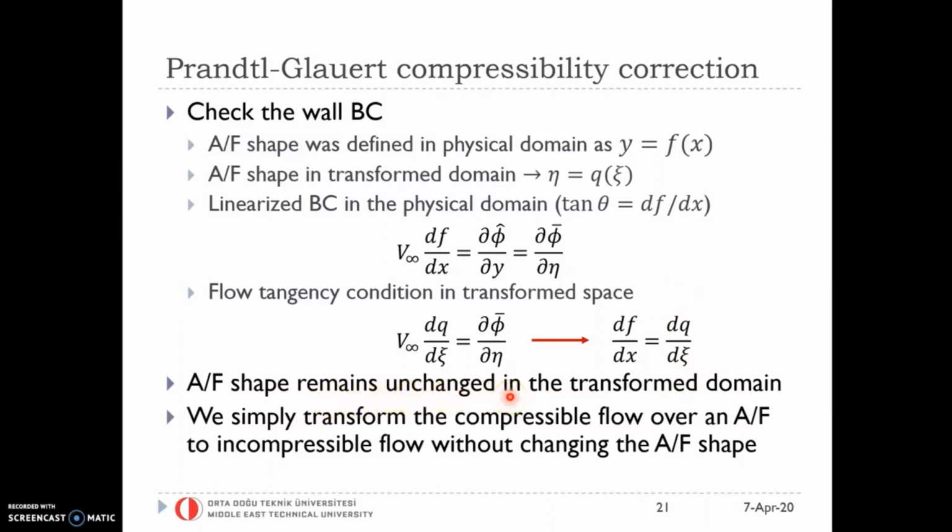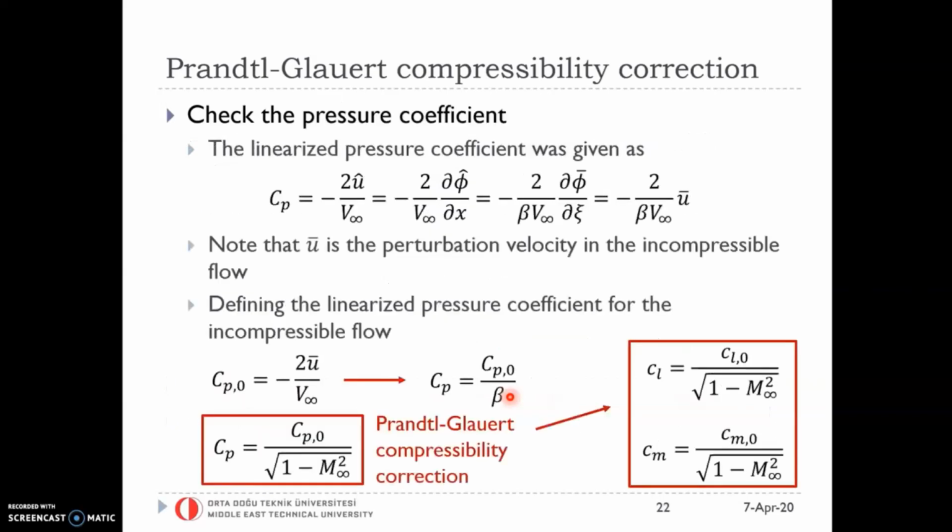So what we do is we simply transform the compressible flow over an airfoil to an incompressible flow without changing the airfoil shape. This justifies that this mapping, this transformation, gives us a good relation between the incompressible flow over an airfoil and the compressible flow around the same airfoil. That's a good conclusion for now. Okay, now let's check the pressure coefficient.